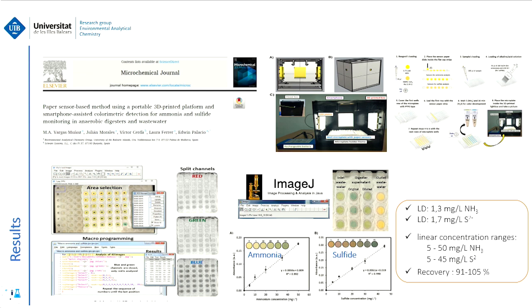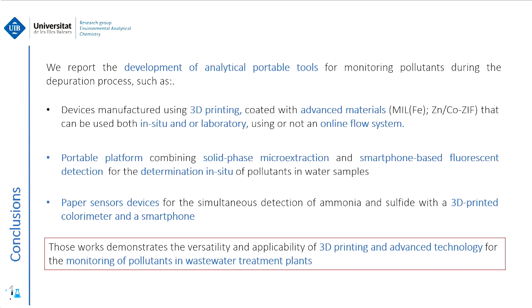Well, in conclusion, we can develop portable analytical tools. These analytical tools use the 3D printer and advanced materials, in situ with analysis in the laboratory or using an online flow system.